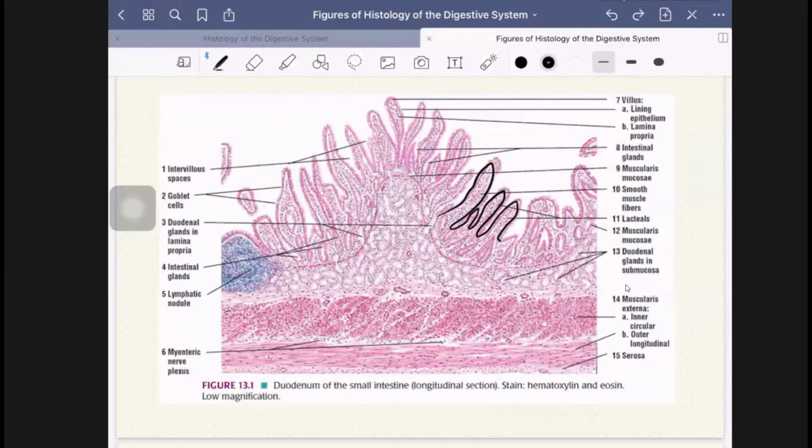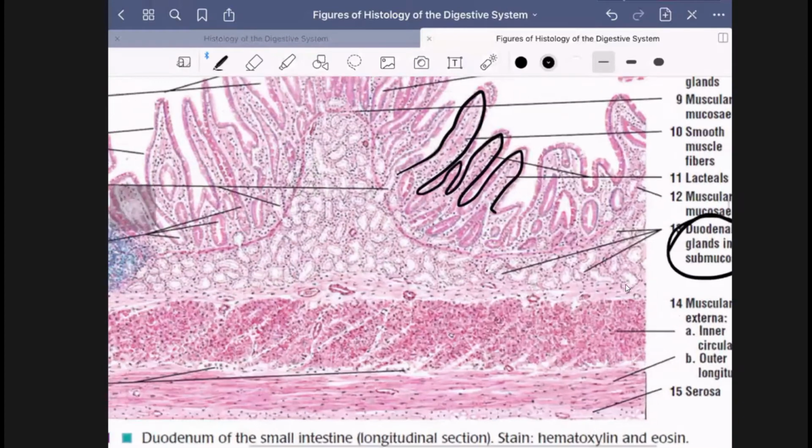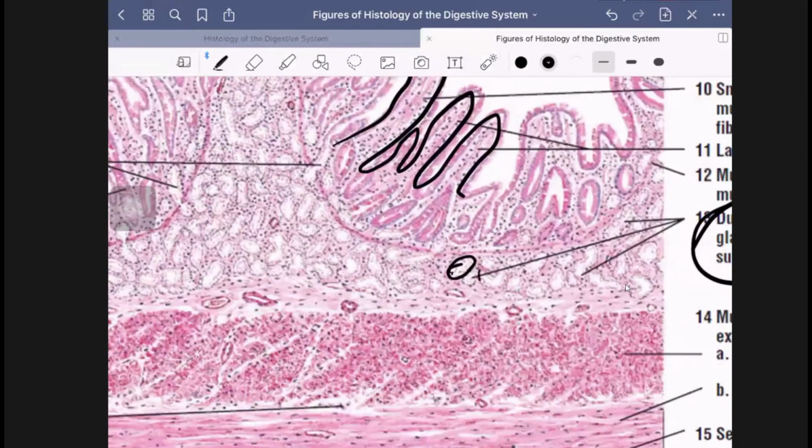So in the duodenum there will be villi and there will be the presence of duodenal glands in the submucosa. These are the submucosal glands or Brunner's glands, and these Brunner's glands are very clear in the slide that is in your college.